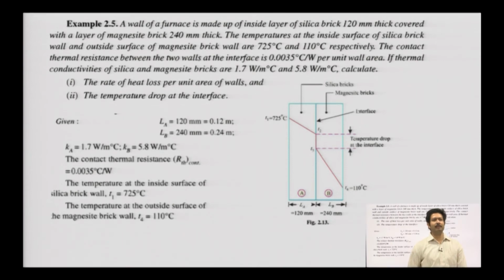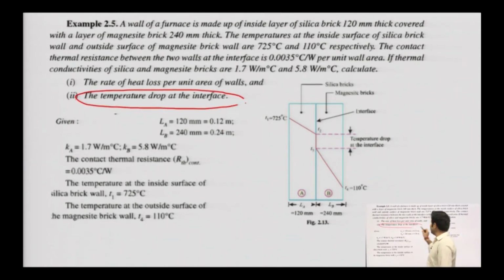The contact thermal resistance between the two walls at the interface is 0.0035 degrees Celsius per watt per unit wall area. If the thermal conductivities of silica and magnesite bricks are 1.7 watts per meter degree Celsius and 5.8 watts per meter degree Celsius, calculate the rate of heat loss per unit area of the walls and temperature drop at the interface. So everything is given here.